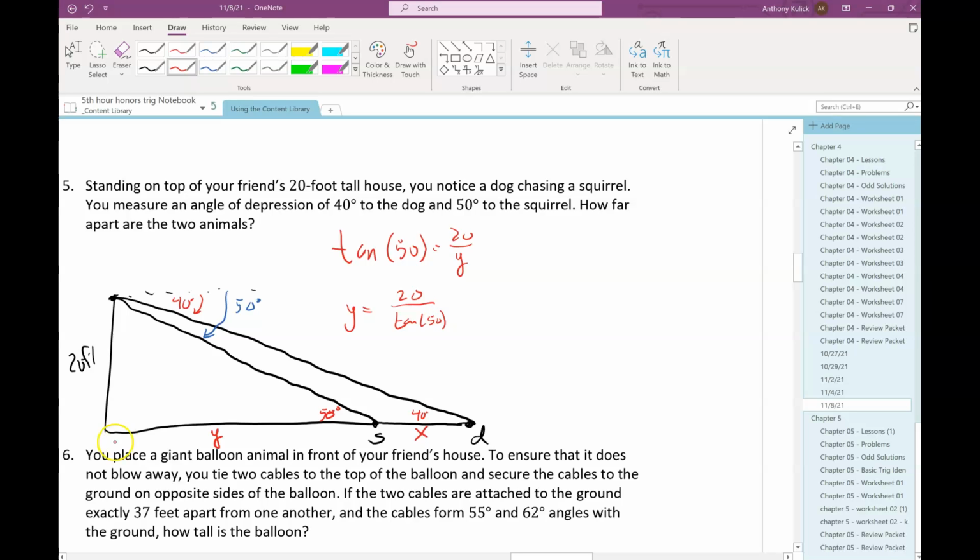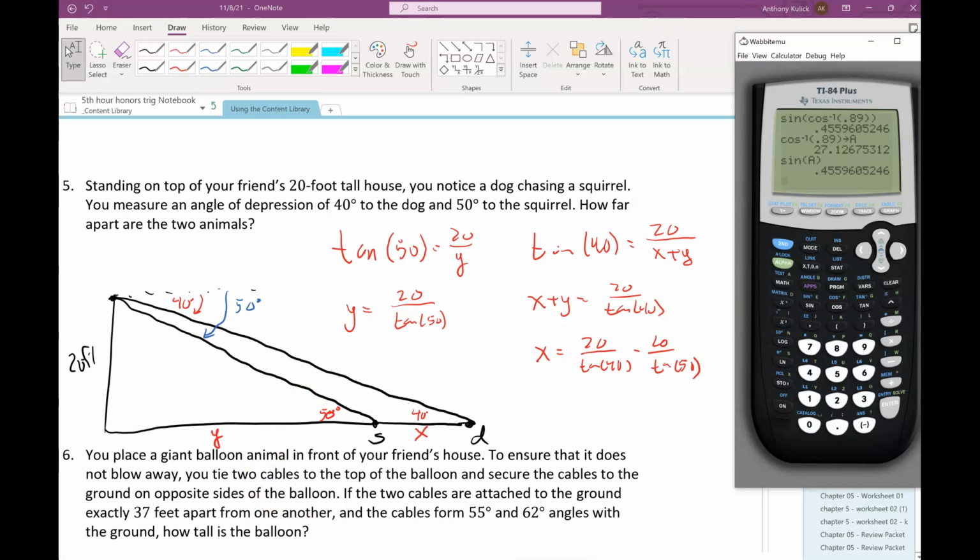And then I can say tan 40 is equal to opposite over adjacent. So I can say x plus y is going to equal 20 divided by tan 40. So x is going to equal 20 over tan 40 minus 20 over tan 50. And then I'm done.